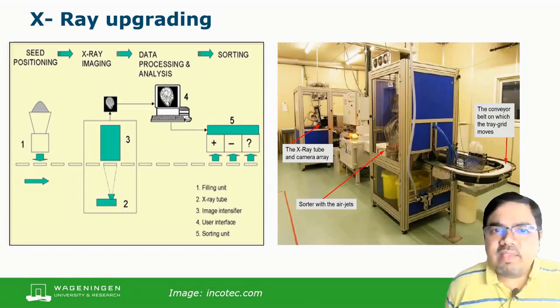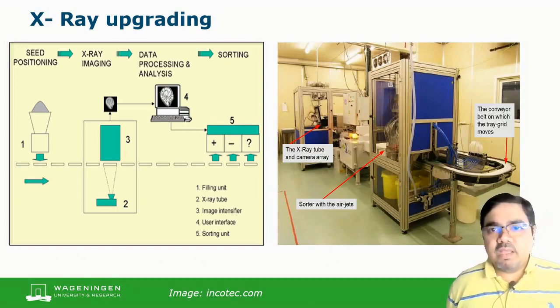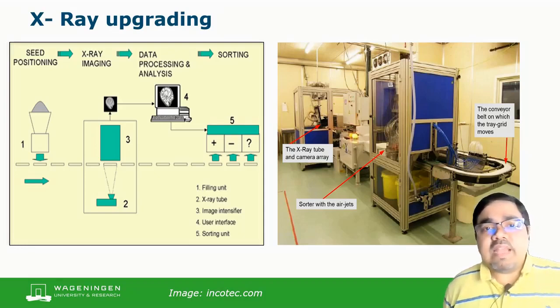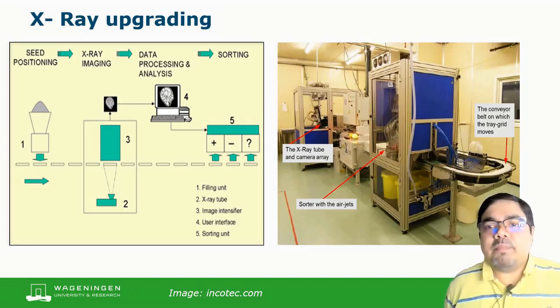X-ray radiography has been used since the 50s for determining several seed quality aspects. Looking at the seed interior, it can be assessed whether all the essential seed components are adequately present and if seed processing, pests or diseases have caused damage to the seeds. Upgrading based upon X-ray images therefore appears to be a very promising method with little waste compared to conventional upgrading techniques.